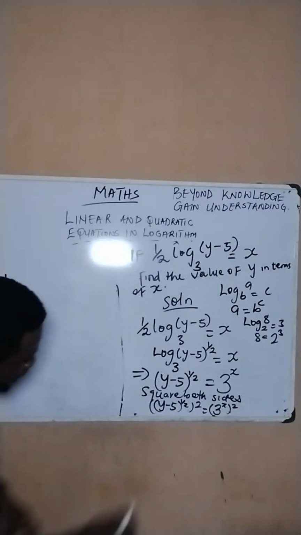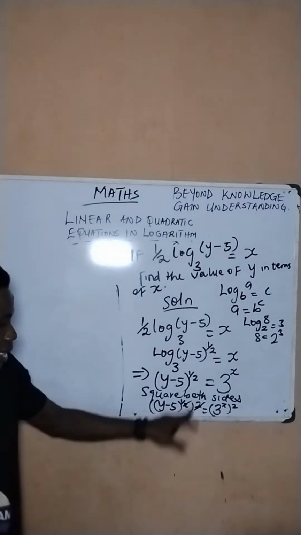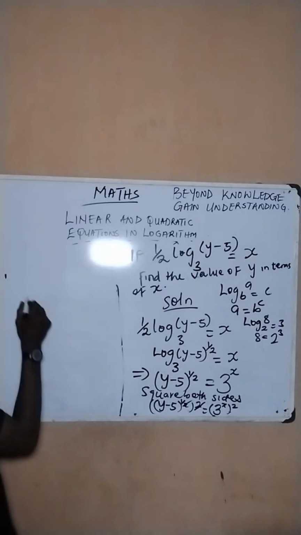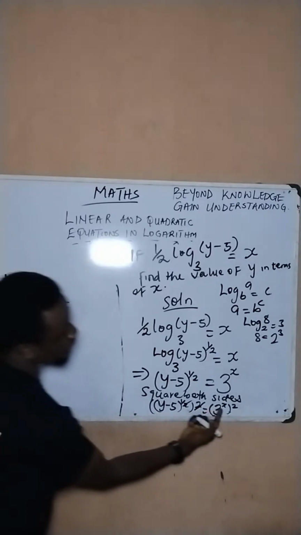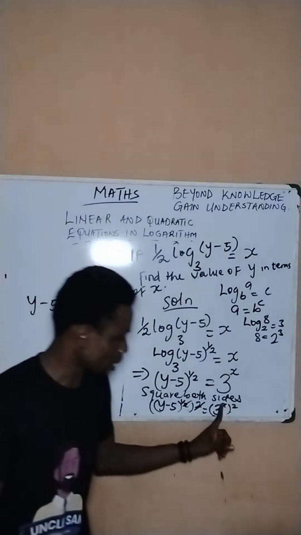So what are we going to do here? This square will cancel this half here. 2 multiplied by half is going to give us 1. So we'll have y minus 5 on the left-hand side. That's what we have remaining. And then on the right-hand side, when you have an inner power and an outermost power, according to the law of indices, they both multiply themselves.